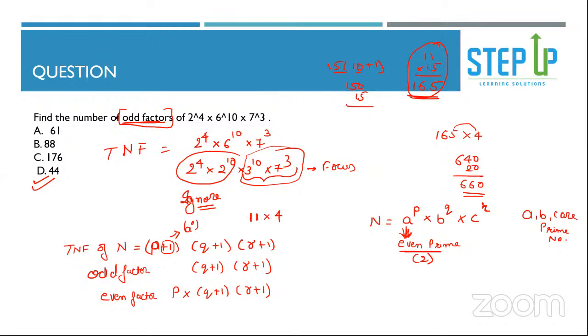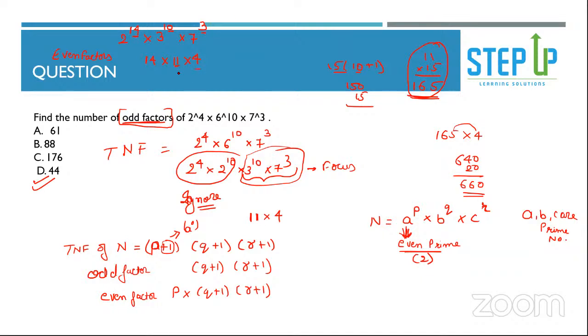Okay, let's go for this question only. What will be the total number of even factors? So you have 2 to the power 14 into 3 to the power 10 into 7 to the power 3. So for even factors, we'll just write this number as it is. 14 into 11 into 4, this 10 plus 1 and this 3 plus 1.